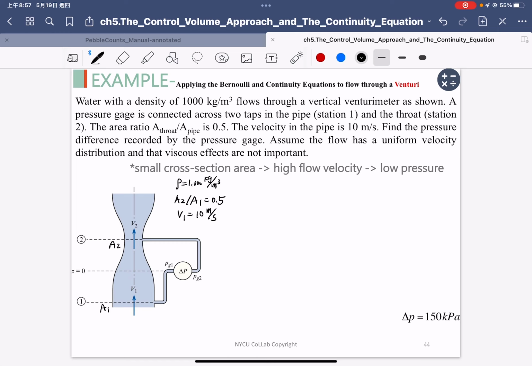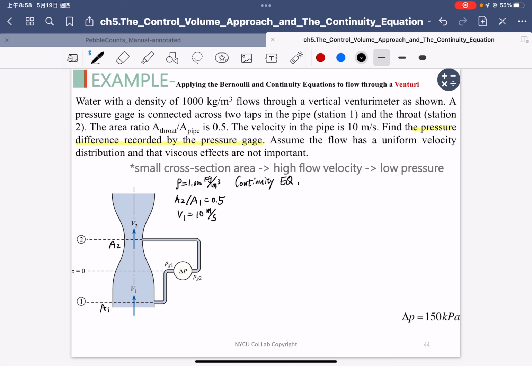So please find the pressure difference recorded by the pressure gauge, and assume the flow has a uniform velocity distribution, and that viscosity effects are not important. First, we can apply the continuity equation to calculate how large the velocity is at cross-section area 2.